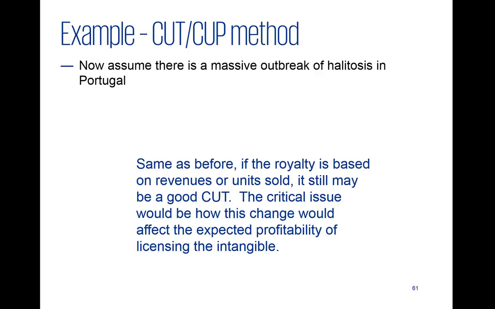If it's clear that that difference between them would change the profitability for the party licensing it, meaning Externa in Portugal licensing it so that they can produce this drug, if it's clear that it's going to make it much more profitable, and KY would know that before they entered into the transaction, then they would probably demand a higher royalty rate because they know there's this additional profitability to be had.